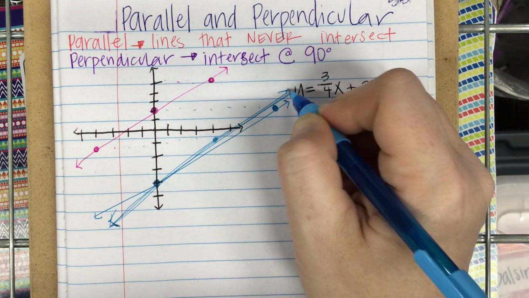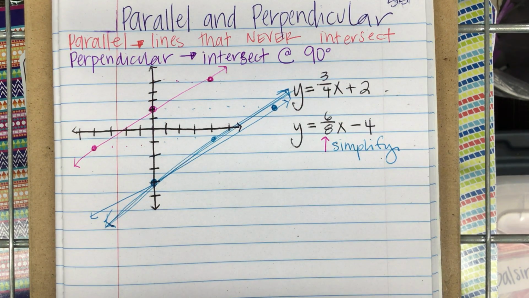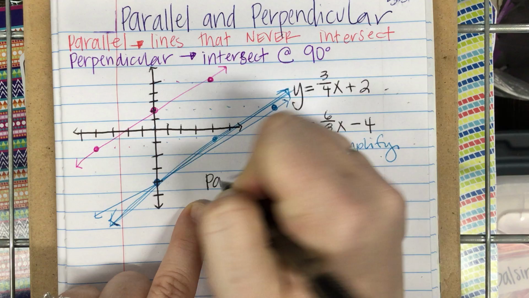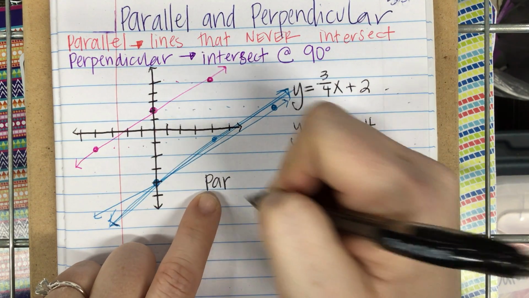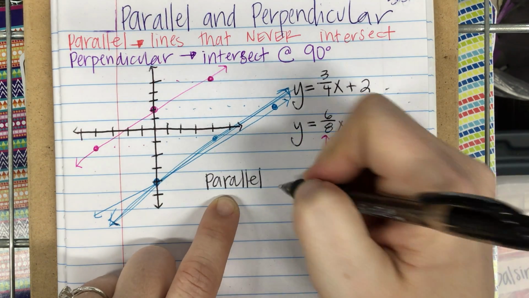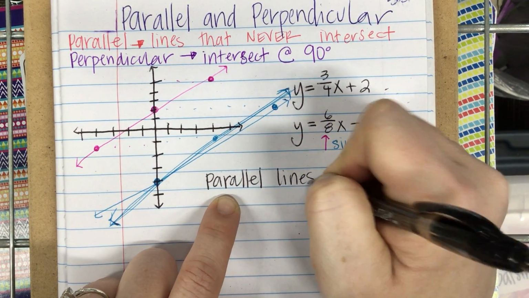What do you notice about these two lines? Whoa. No one said the right answer. They're parallel. Yeah, they're not perpendicular. They're parallel. Why are they different? Parallel lines.